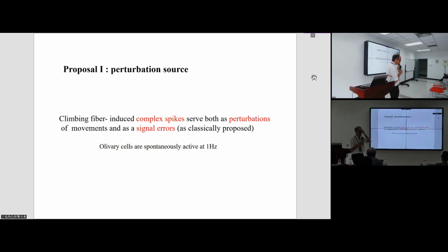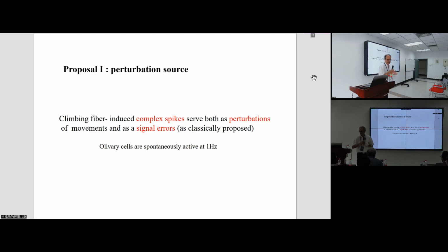So the idea for the perturbation is that maybe the signal from the olive is not only an error signal, but maybe it's also a perturbation signal.